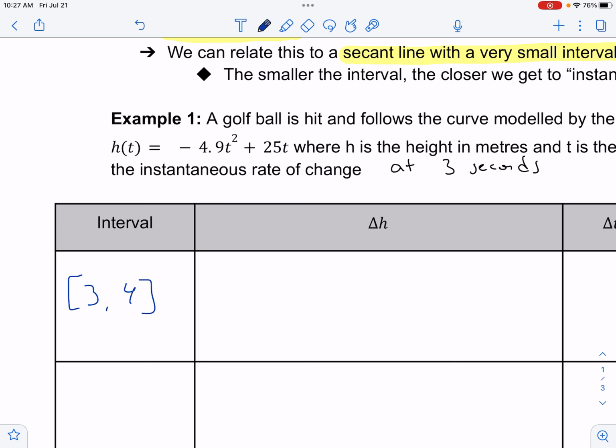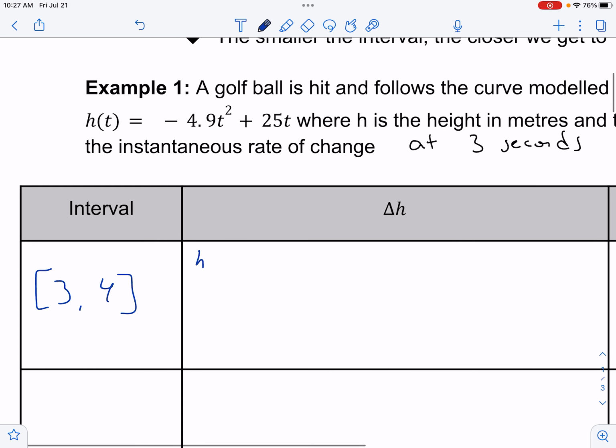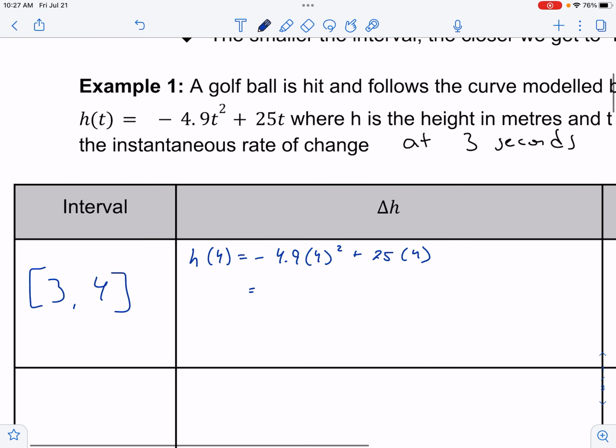I'm going to substitute in, doing my 4 first. So I have negative 4.9 times 4 squared plus 25 times 4, and that is 21.6.